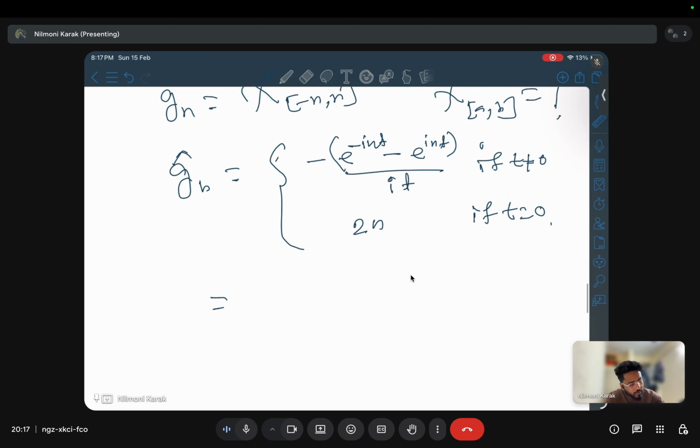After simplification, e to the power int minus e to the power minus int, so this should be 2 sin nt divided by it if t not equals to 0 and 2n if t is 0.